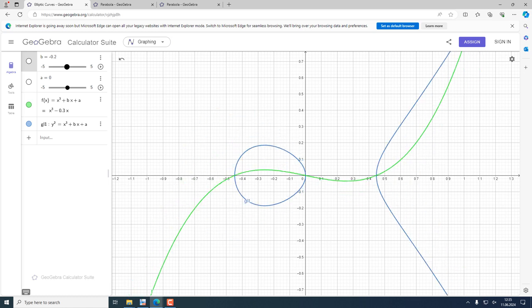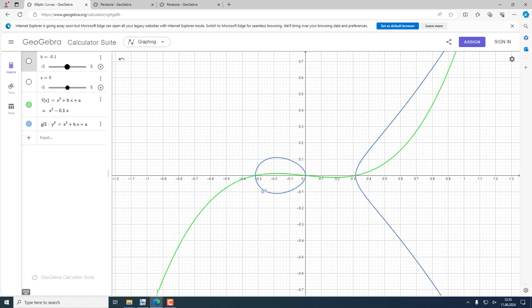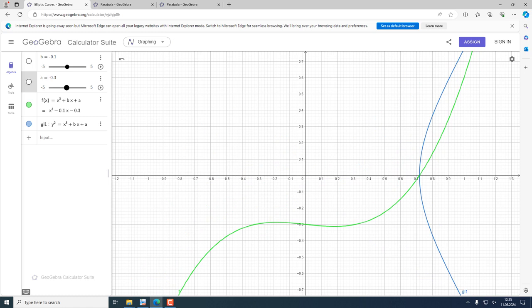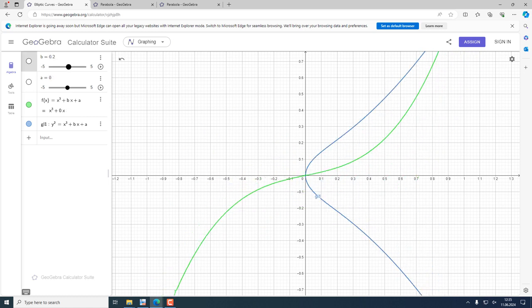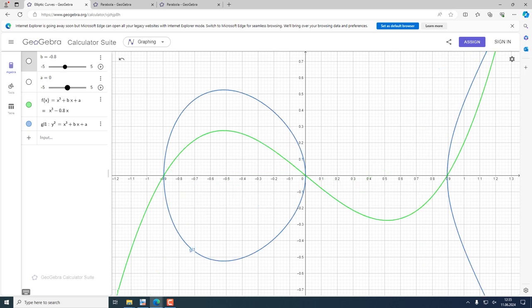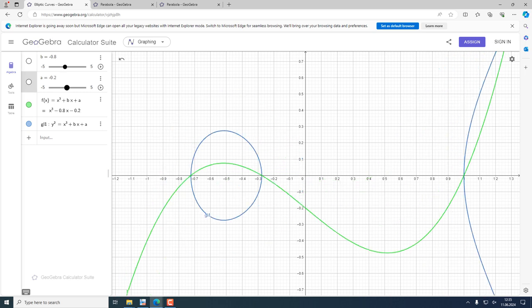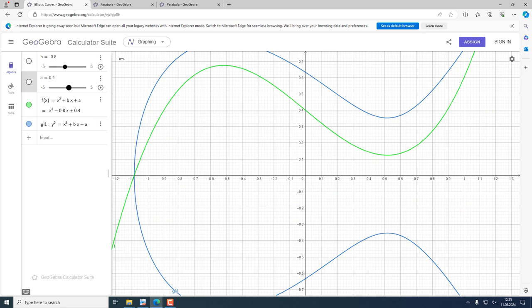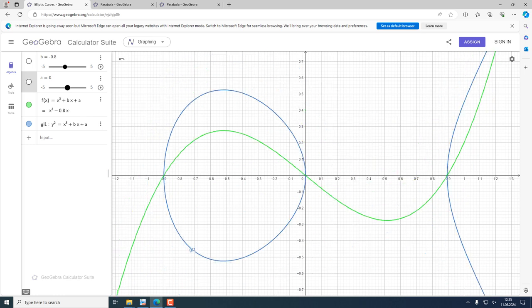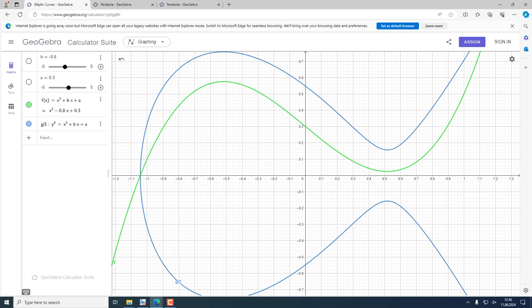So let's see. I have to go slowly. I have to type in the value probably. 0.3. No, 0.3 is too much.